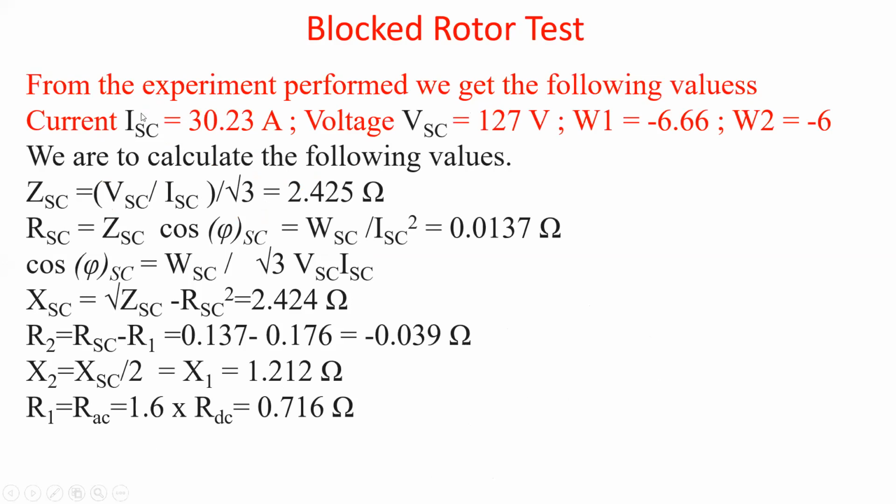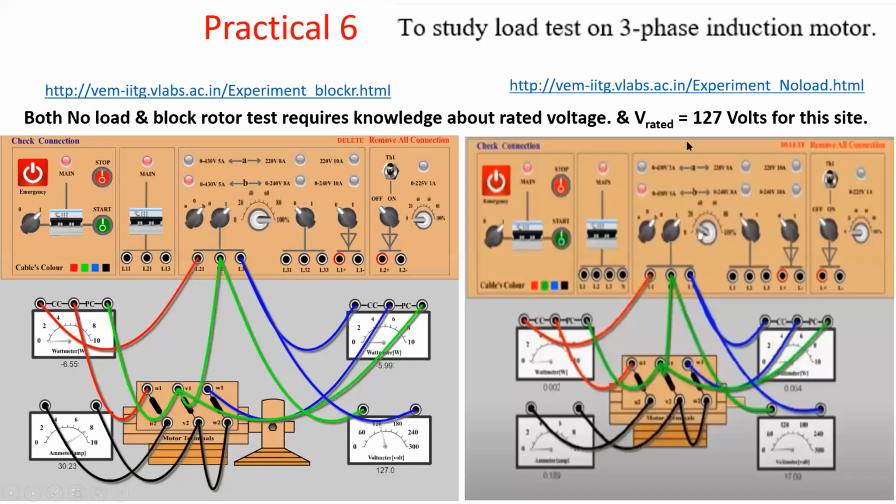parameters. From this experiment which we have performed, we have got the current value ISC as 30.23, the voltage at rated voltage VSC 127 volt, and the wattmeter 1 and wattmeter 2 readings. You can see these in the experiment which I have performed.